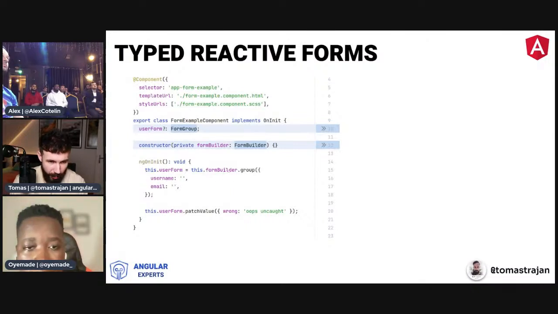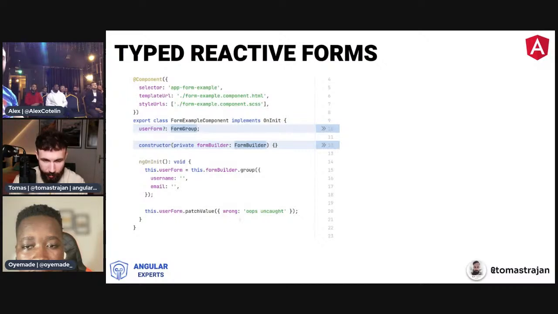Then FormBuilder can define a form group with two properties. So it's a very simple form with username and email, right? We usually store this form in some reference so that we can pass it into the template and stuff like that. And let's say we want to patch some value into that form.